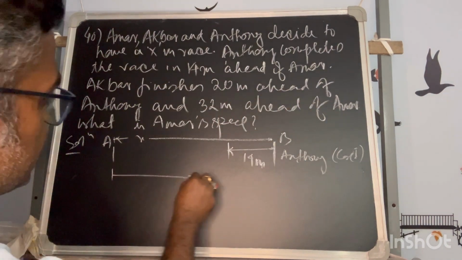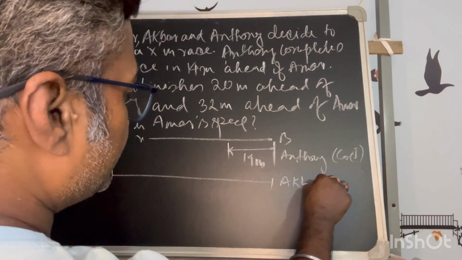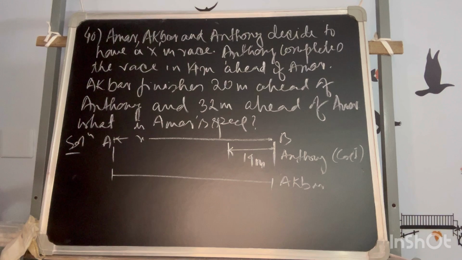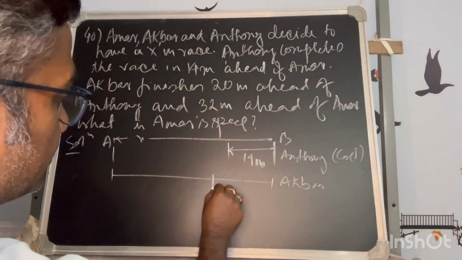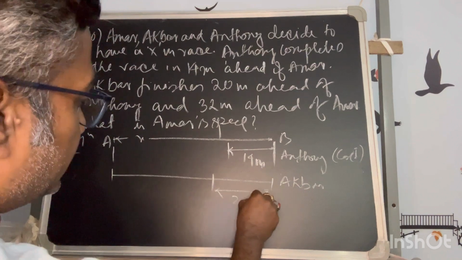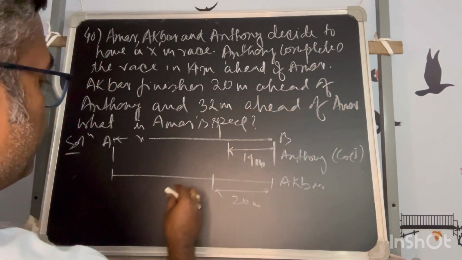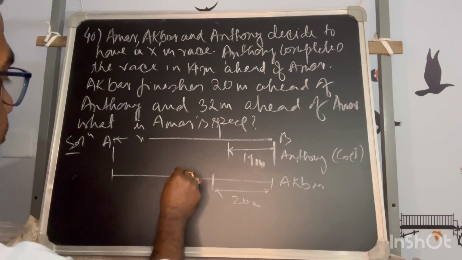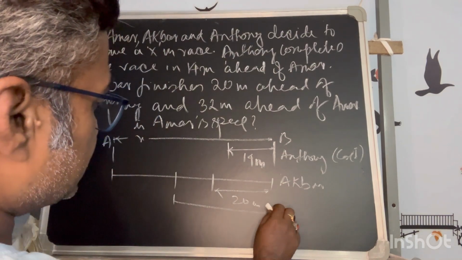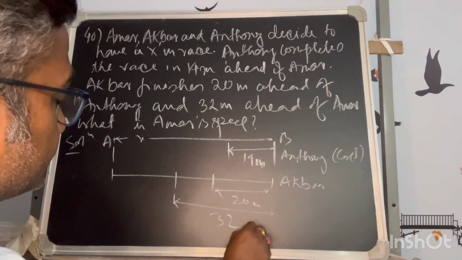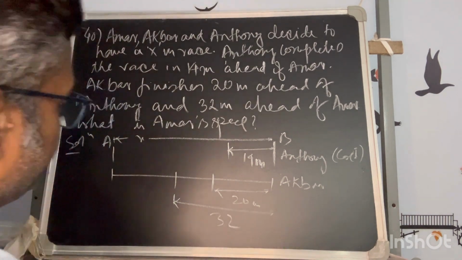Now when Akbar is at the finish line, what is the relative position of the others? Anthony is 20 meter behind. At the same time, Amar is 32 meter behind. So this distance, when Akbar is at the finish line, is 32. Understood? So there may be so many ways of thinking.